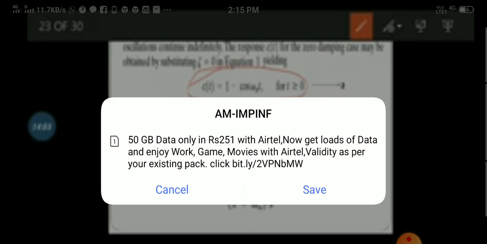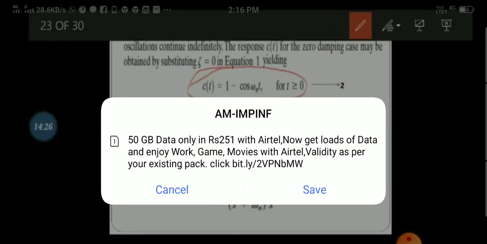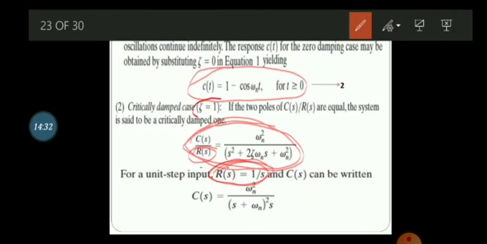Now let us consider one more case, the critically damped case, where zeta equals 1. Again we consider the standard form of the second order system. For a unit step input, R of s equals 1 divided by s. Substitute this in place of R of s, and also substitute zeta.